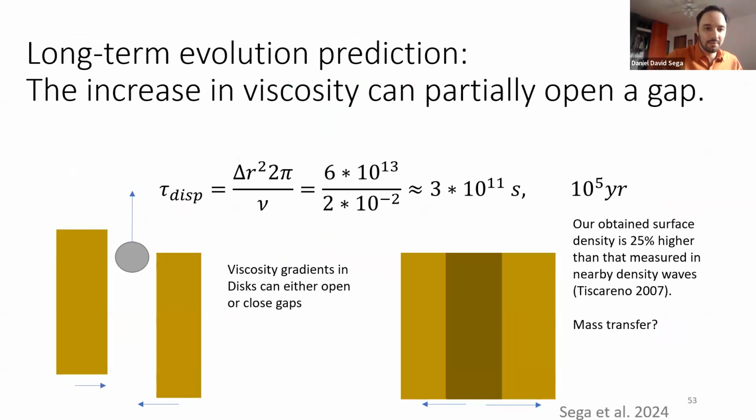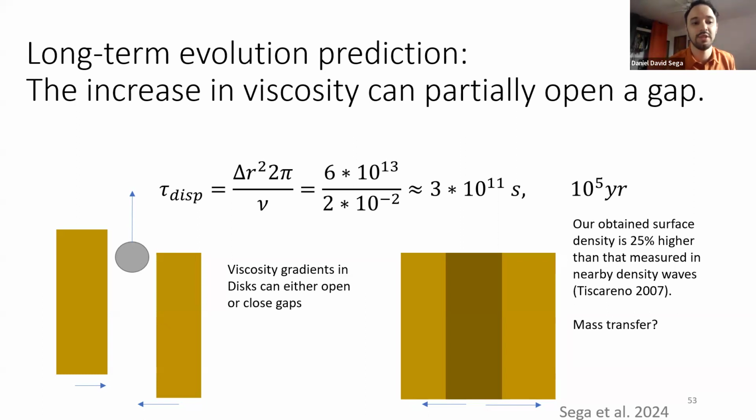Now, there may be implications for this higher viscosity. So the viscosity is increasing almost a factor of 2, well, a factor of about 1.8 with respect to what we thought before and what we see in the Prometheus density waves. So there's a rather sharp radial gradient in the viscosity.